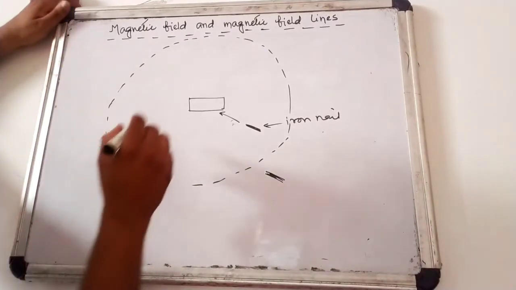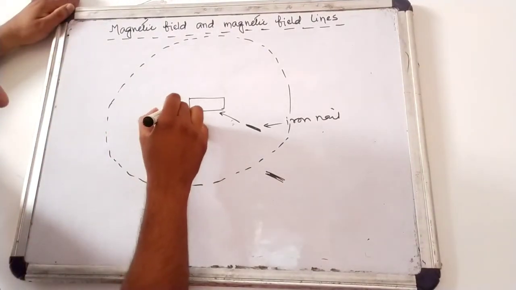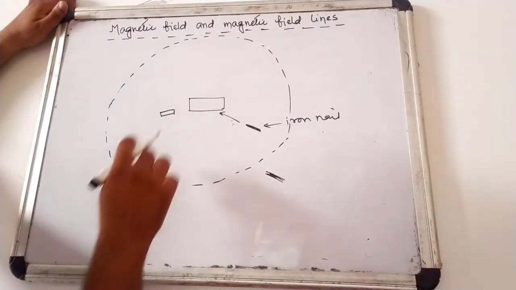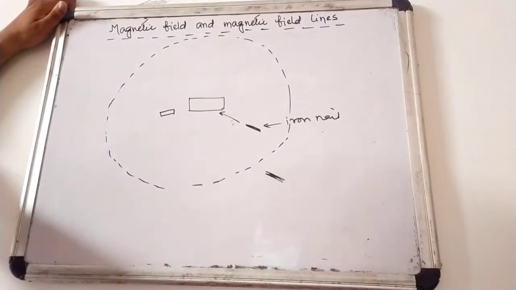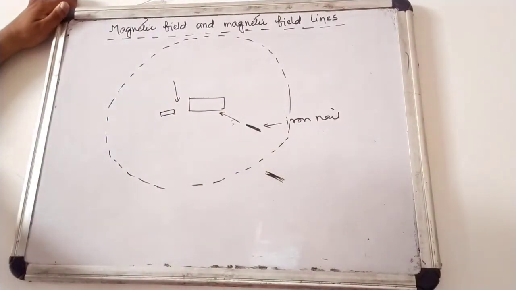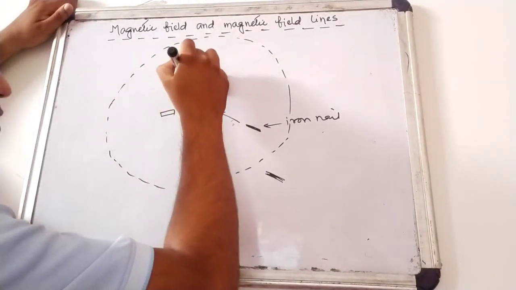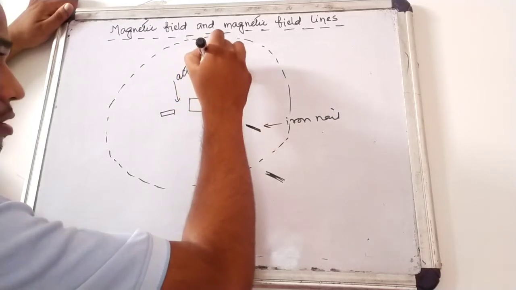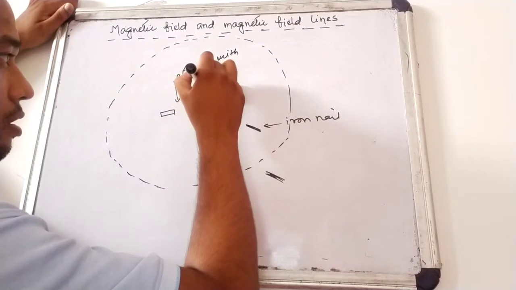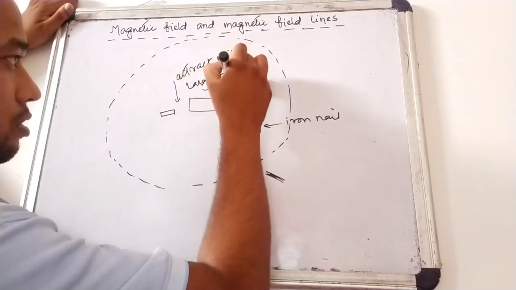Again, one thing: if we place this iron piece or iron nail very near to the magnet, then it will be attracted quickly, with a large force.